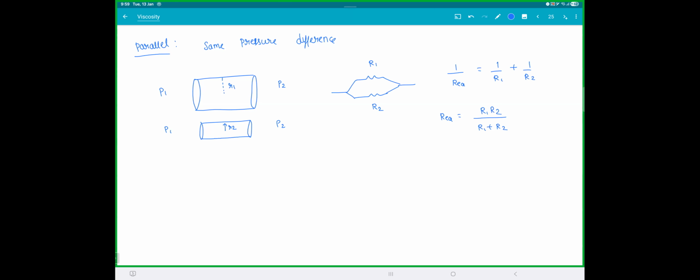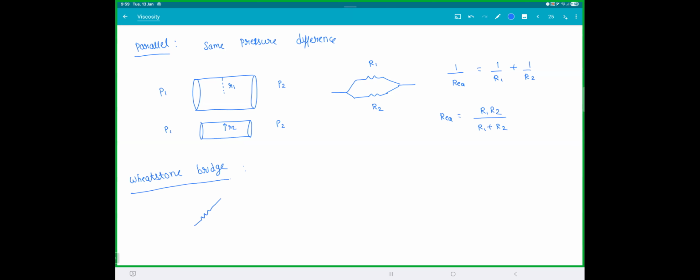Now, there is something also called the Wheatstone bridge. We will see this in more detail later in current electricity, but I'll give you the idea for now.